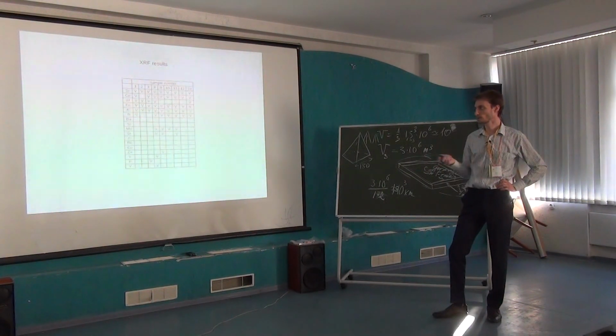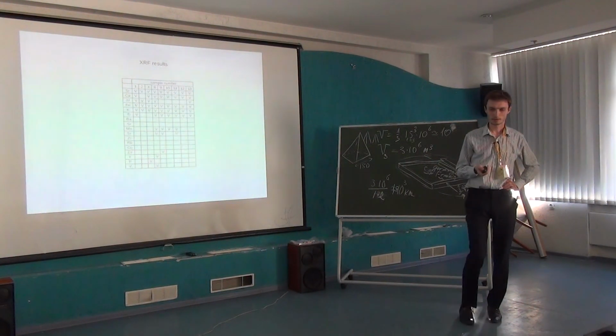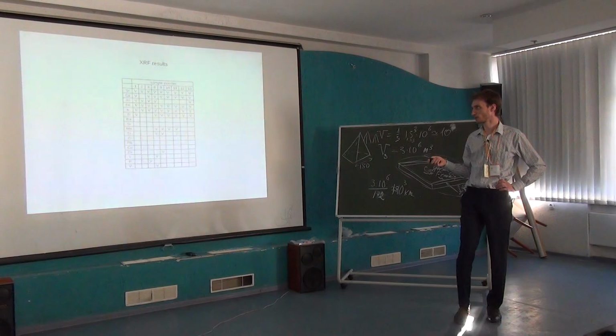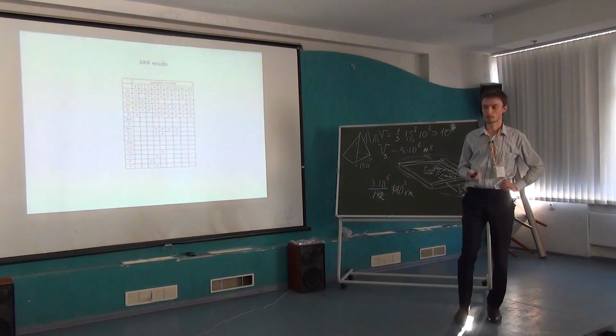I don't know yet what we can say about the potassium, and we can even say by XRF results that we can see some groups of presence or absence of some elements.